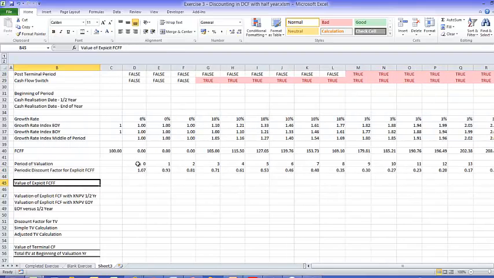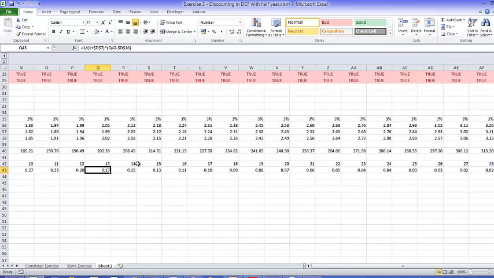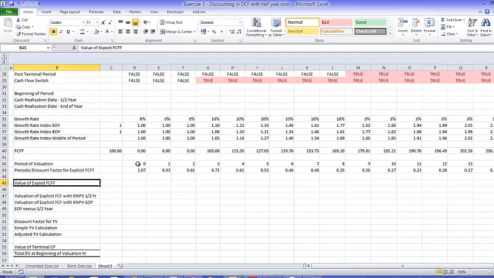Okay, now if I want to get the value of these cash flows, I just multiply all of these values to here. It brings it back to exactly this place, brings it back using a half-year convention.